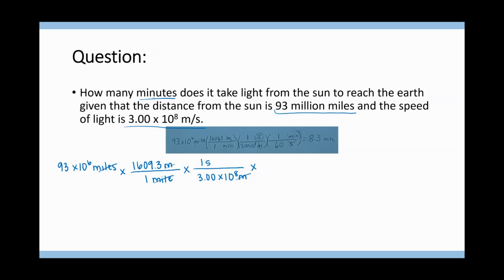So now we convert seconds to minutes. For every 1 minute, we have 60 seconds. And that gives us our final answer of 8.3 minutes. So it takes light 8.3 minutes to reach the earth from the sun.